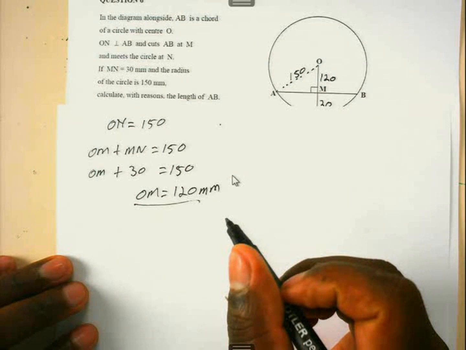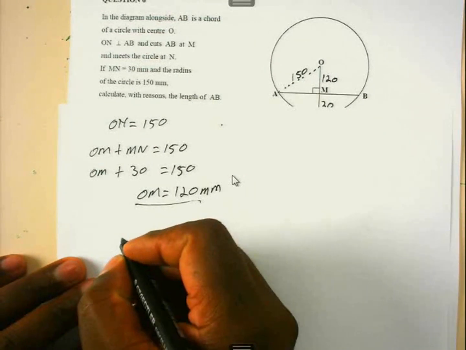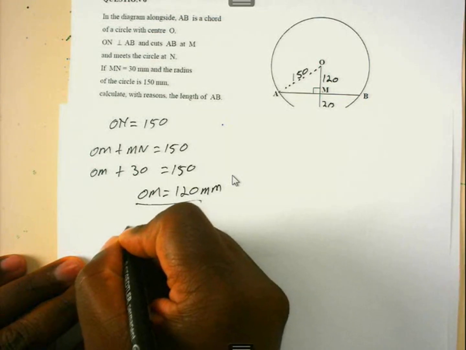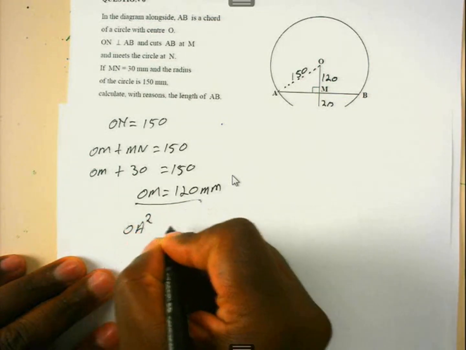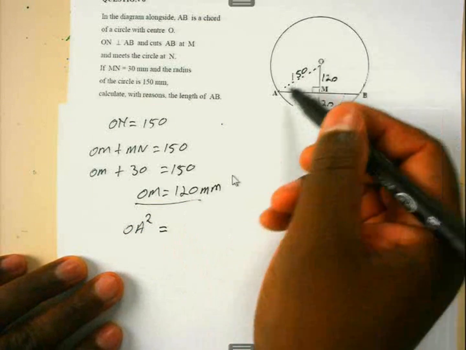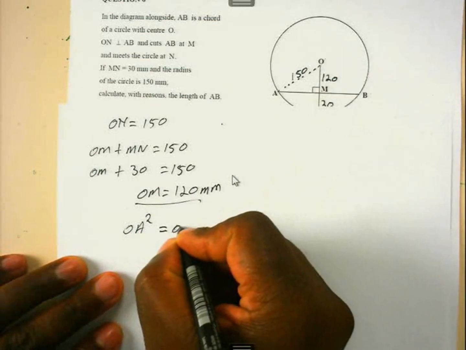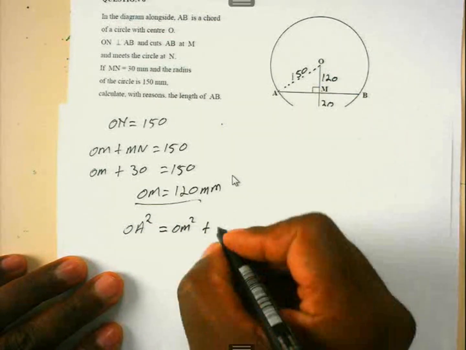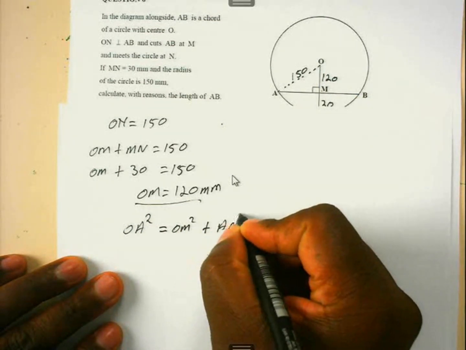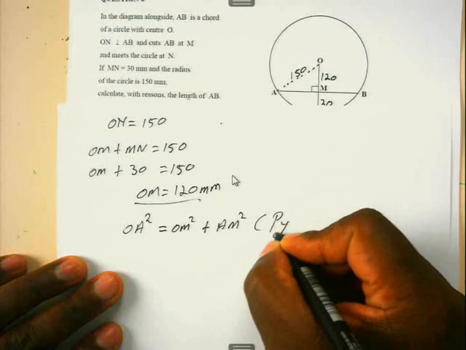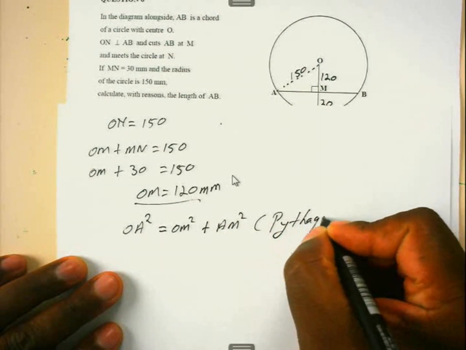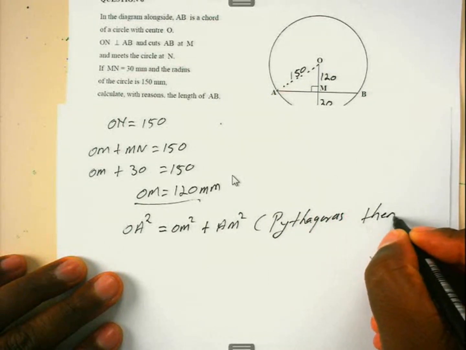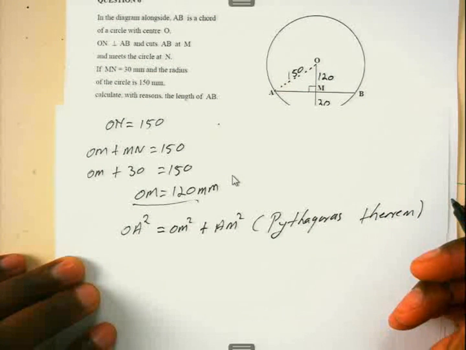According to Pythagoras' theorem, OA squared is equal to OM squared plus AM squared. This is according to Pythagoras' theorem. Now let's substitute.